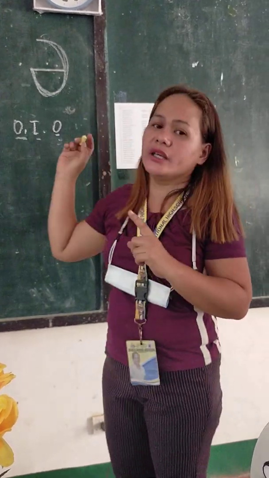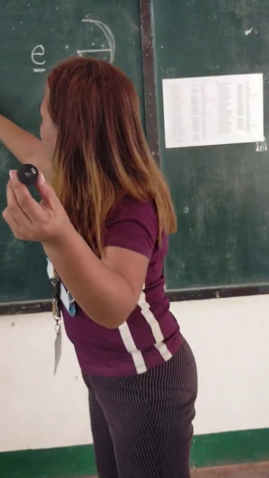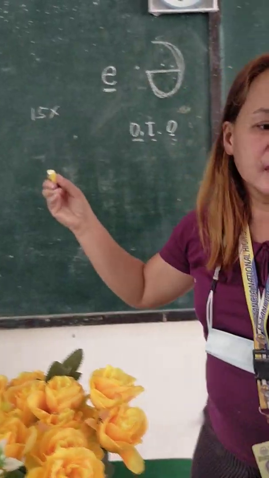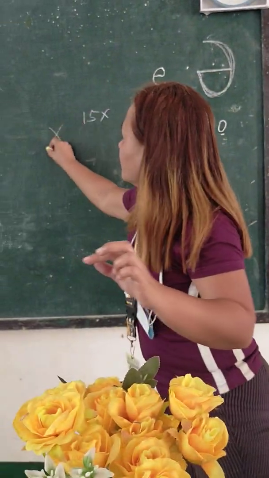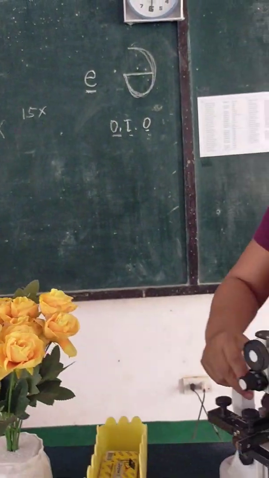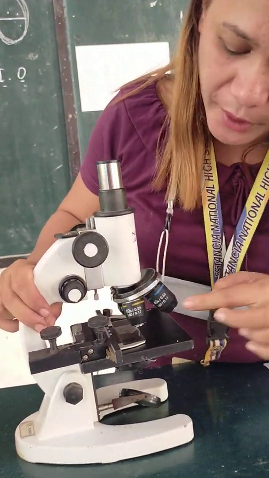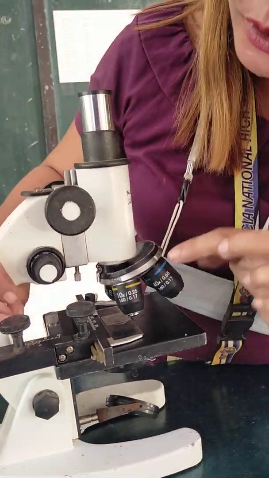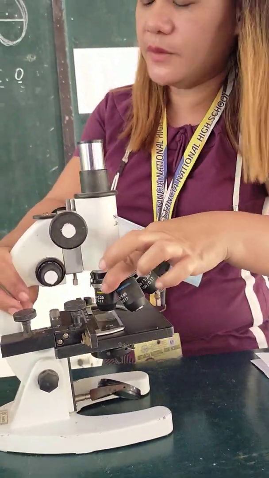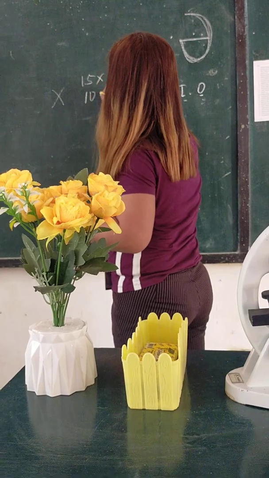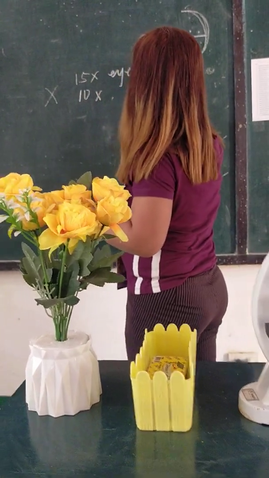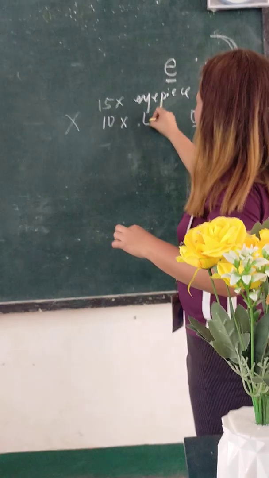Okay? And how are you going to know the magnifying power of your microscope? You have to look at the eyepiece. This is your 15 times. So 15 times multiplied by the magnifying power of your used objective. At this moment, I'm going to use the 10 times, or the low power objective. So 10 times multiplied by 10 times. This is your eyepiece and this is your LPO.